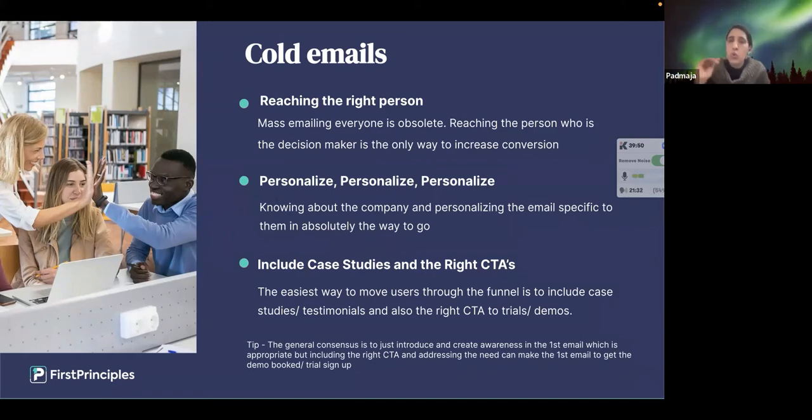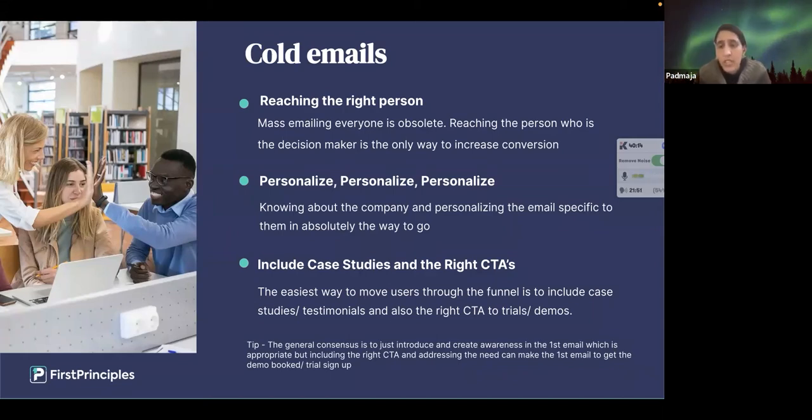If you reach the marketing manager for a complete product development feature, then the person is going to be like, whoa, I know this, but I can't do anything about it, right? Or if you reach a developer about offering SEO services, they're going to either forward it or just delete it.